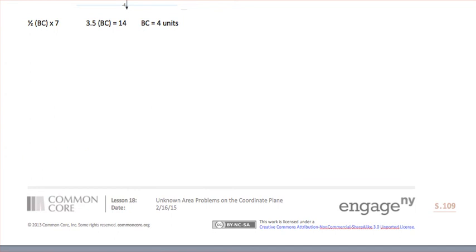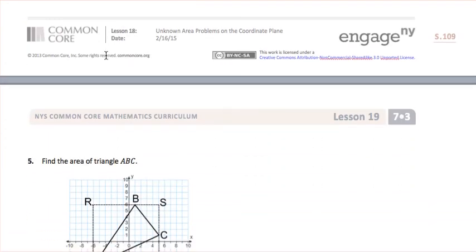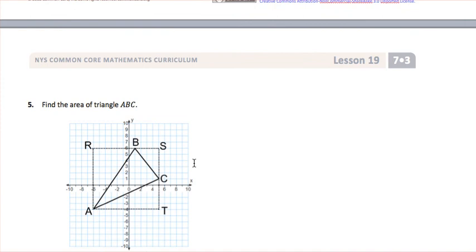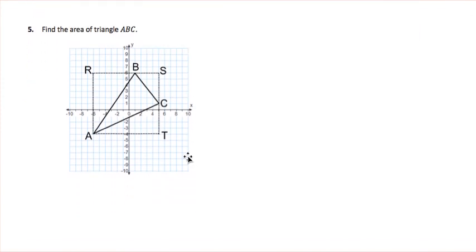Next, we have an interesting problem which is, as a matter of fact, our last problem. And this is very interesting for several reasons. The first one is clearly they've inscribed this triangle in a rectangle.